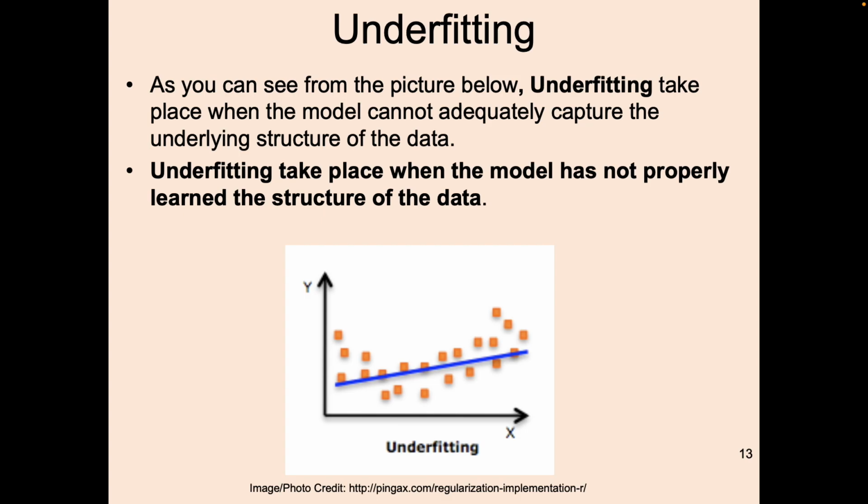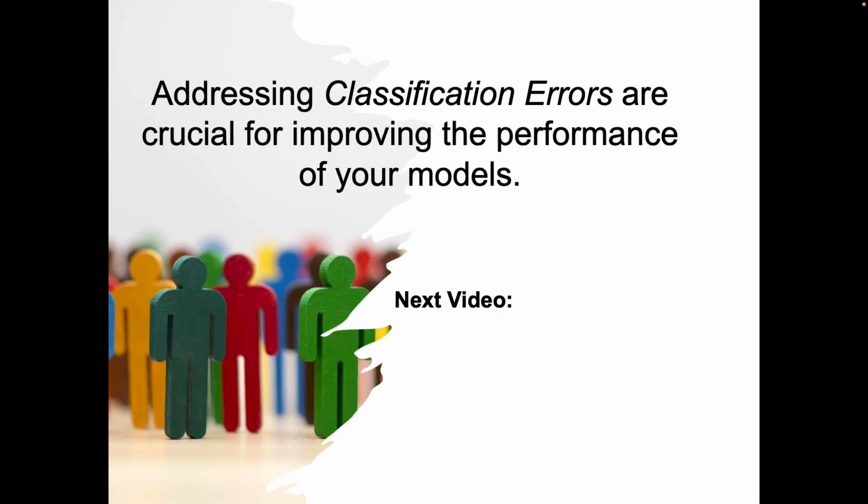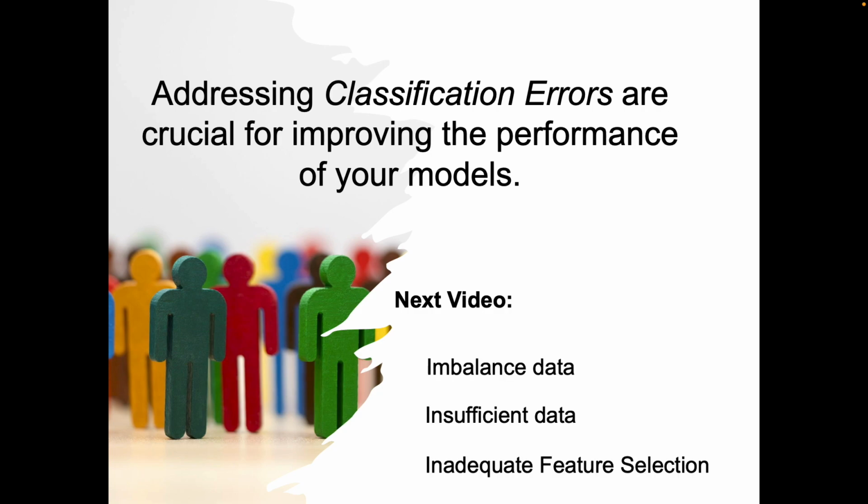Underfitting takes place when the model has not captured the underlying structure of the data. Assessing the classification errors is crucial for improving. By identifying and addressing these common issues, you will be able to build more accurate and reliable classification models.